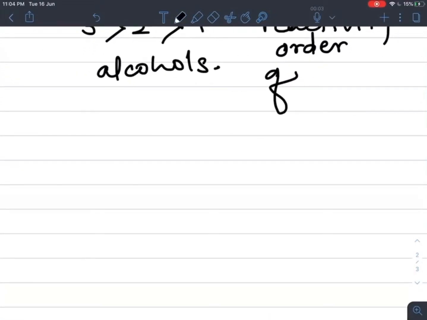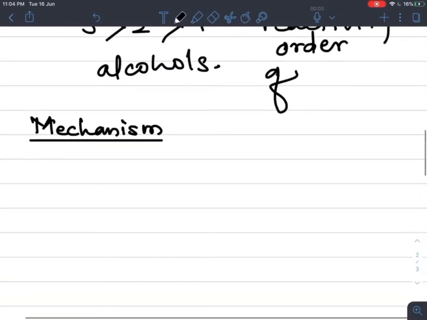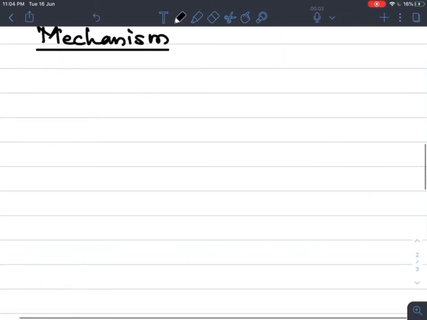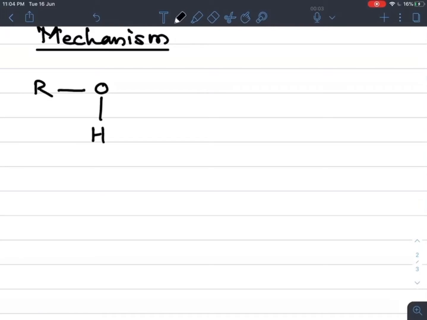About the mechanism, what happens? In the mechanism of Lucas reagent, this ROH, the alcohol, always has two lone pairs of electrons on the oxygen.